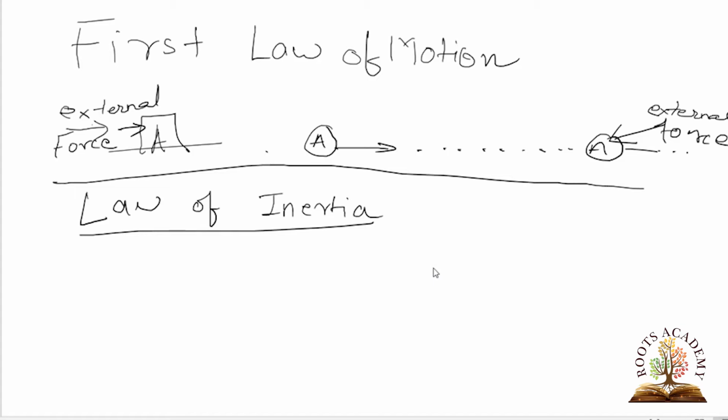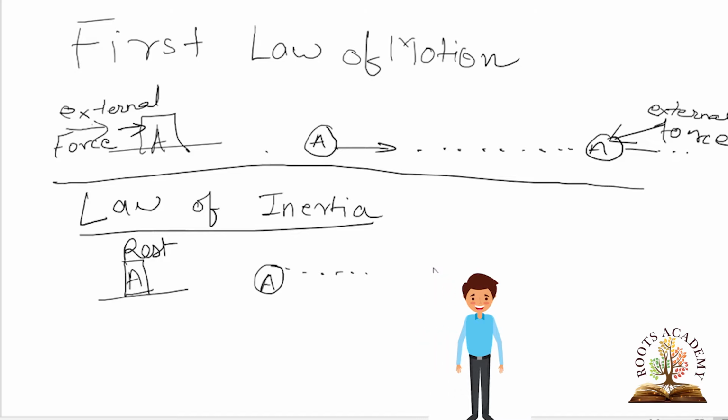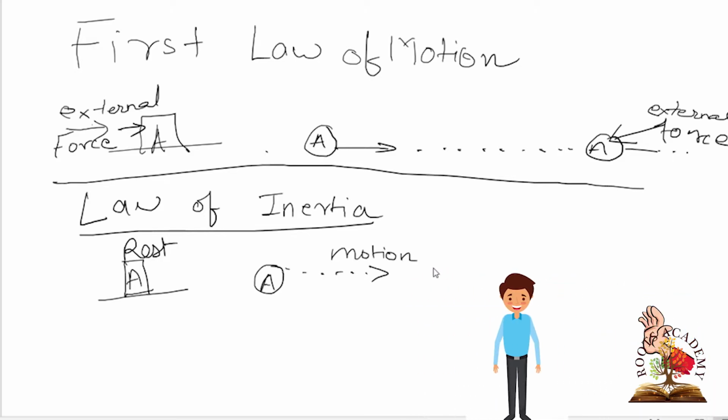That means if an object is at rest, it wants to be at rest, and it will continue to be at rest till an external force is applied, or an object will continue in the state of motion until and unless an external force is applied.